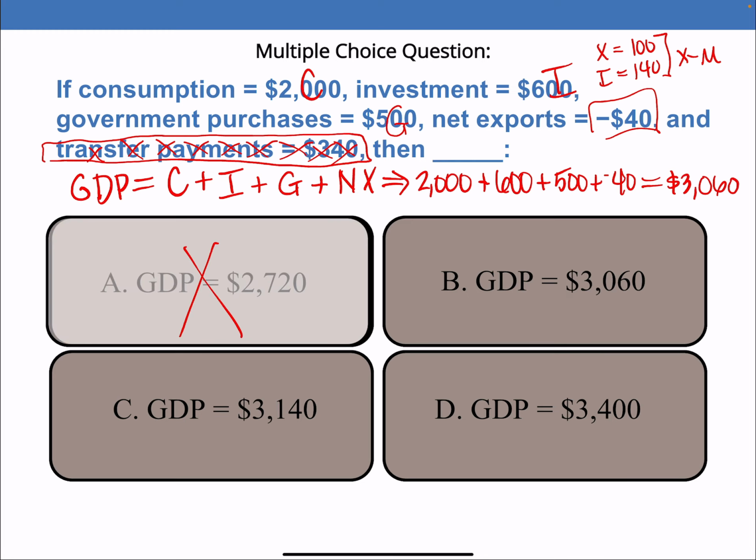B is our correct answer, because again, we're just adding up the 2,000 plus the 600 plus the 500 to get 3,100, and then we're subtracting out 40. So our answer, excuse me, y'all, is 3,060. I didn't go far enough. Okay, so there we go.